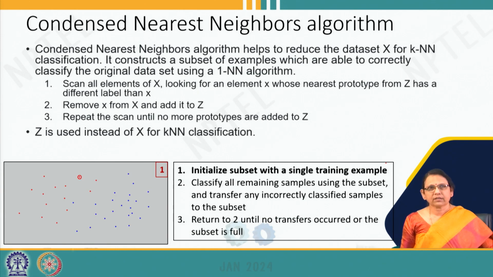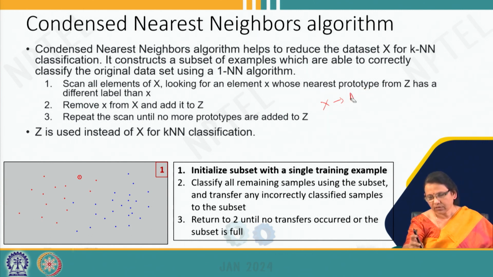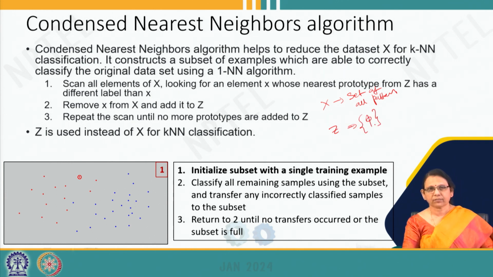Now, let us look at the condensed nearest neighbor algorithm. In this algorithm, you maintain two sets. Let us say X is all the patterns, and you have some other set Z, which you start with empty.